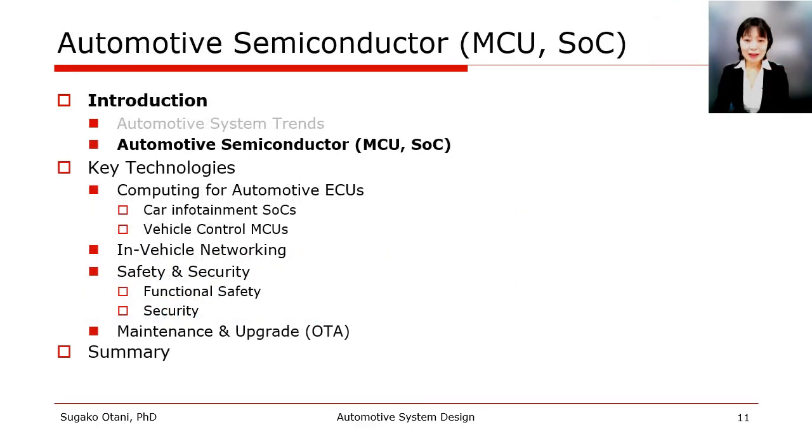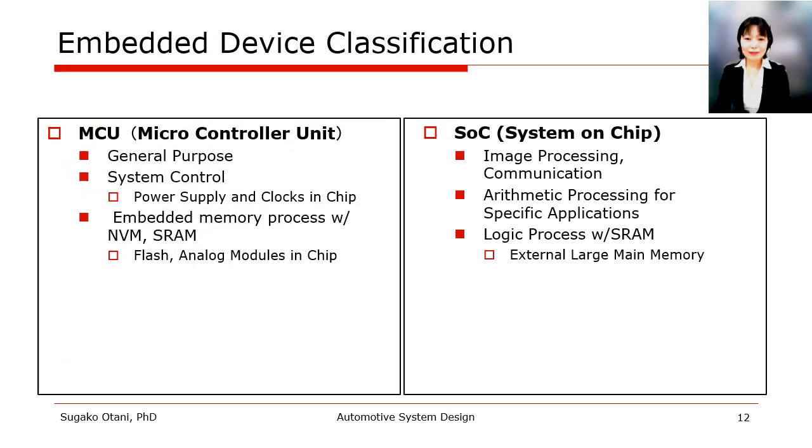Next, let's look at the classification and requirements for automotive semiconductors from the processing point of view. With the introduction of in-vehicle electronic control systems, cars will be equipped with many embedded devices.